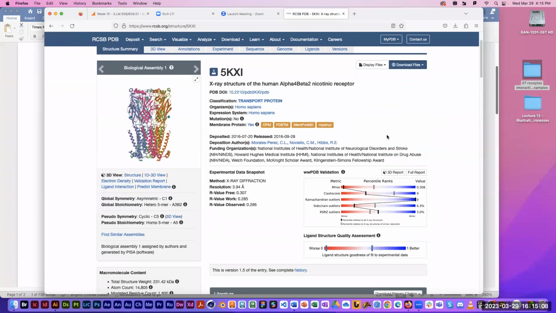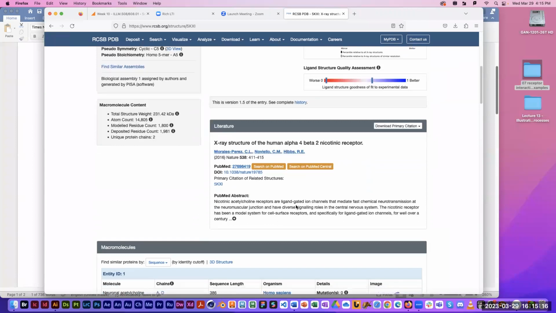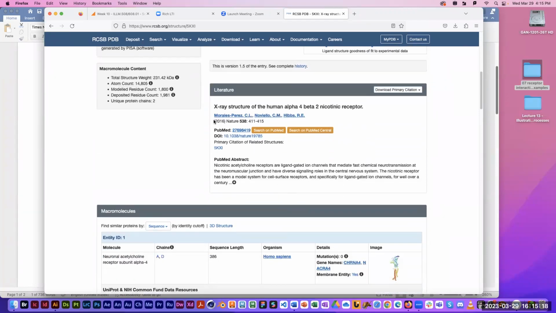I want you to read about it a little bit. I want you to understand what it does. I want you to understand a little bit about the protein data bank entry. There's actually information here about the article in which this structure was first discussed. So you could actually go and try to retrieve that Nature article, which you should be able to do from RIT's online library.